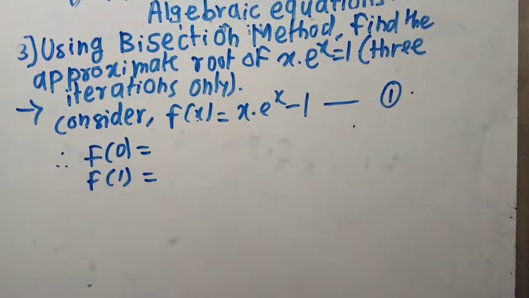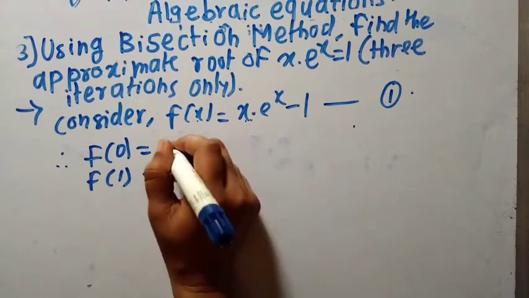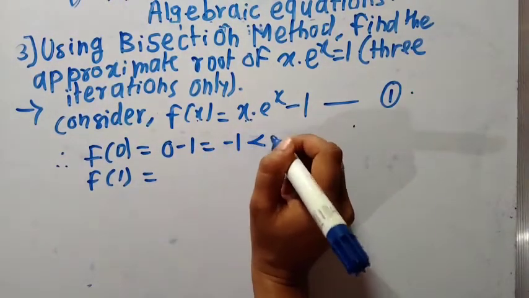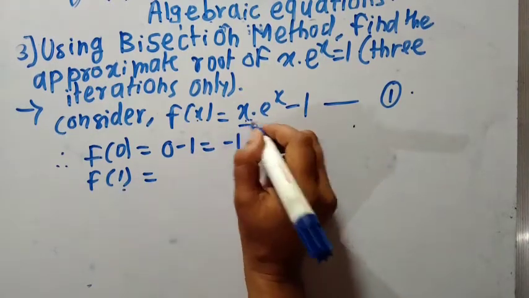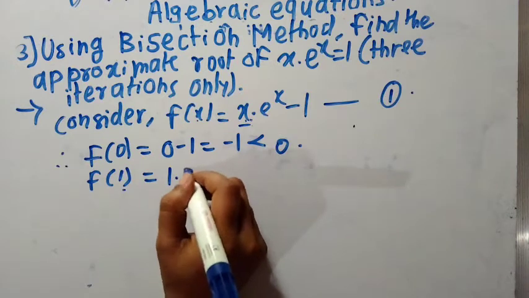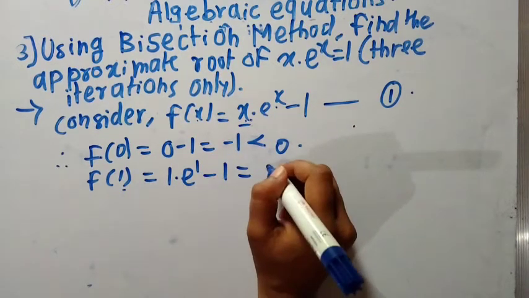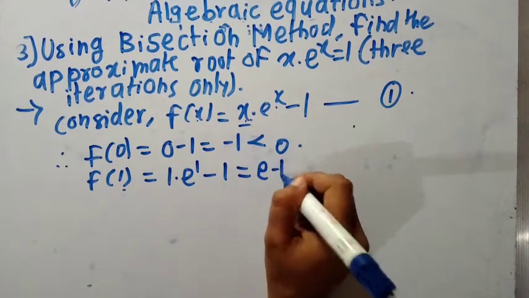So put x is equal to 0. So 0 into e raised to 0 minus 1, which is equal to minus 1, is less than 0. And here put x is equal to 1. So 1 into e raised to 1 minus 1, which is equal to e minus 1.